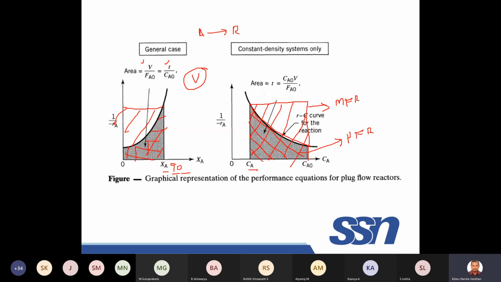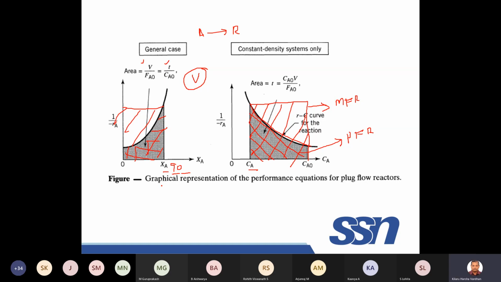Any idea why the volume or time required for a particular conversion or concentration in PFR will be much lesser compared to MFR?